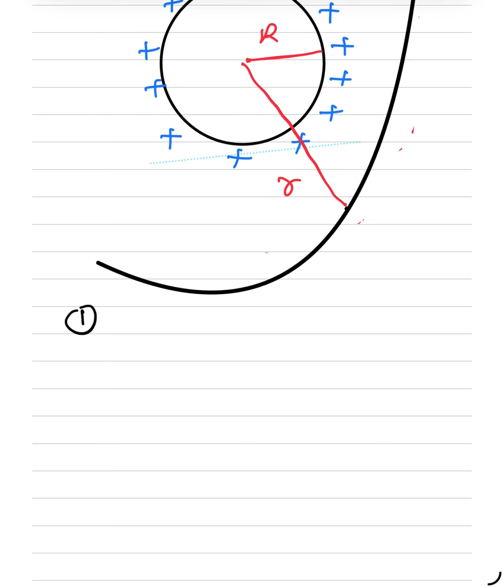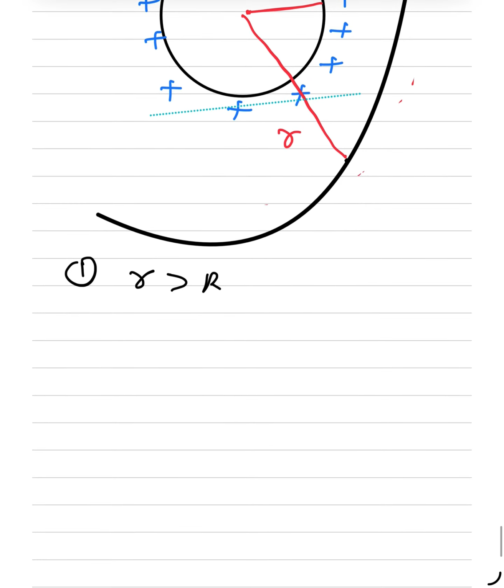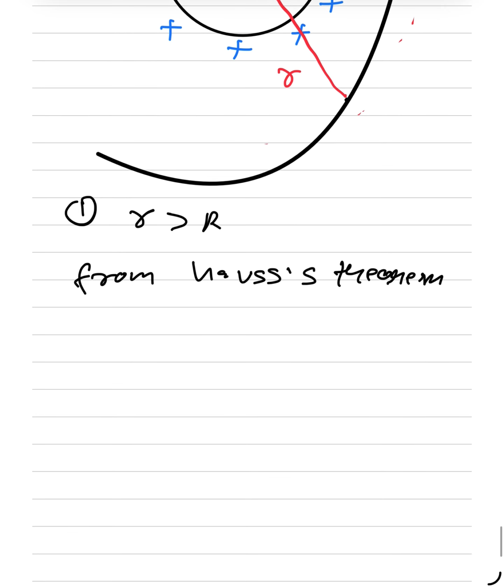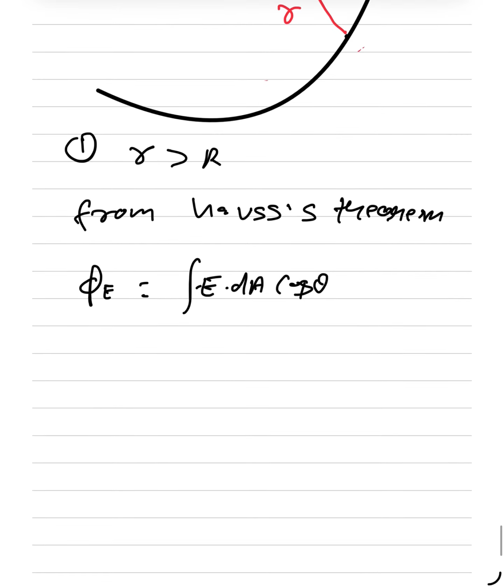The value of the electric field at this point, when small r is greater than capital R, from Gauss's theorem: the electric flux phi E equals the integral of E dot dA cos theta, with theta equal to 0 degrees, equals q divided by epsilon naught.